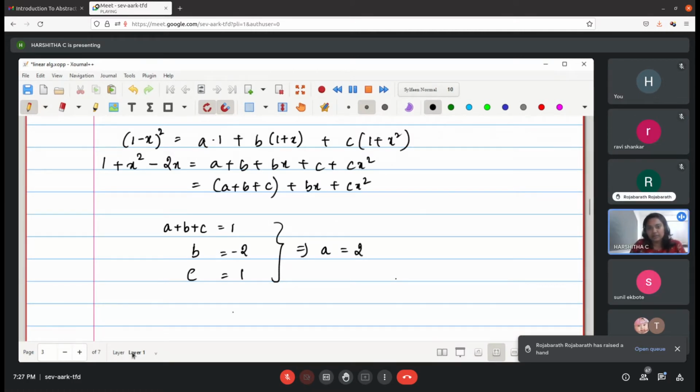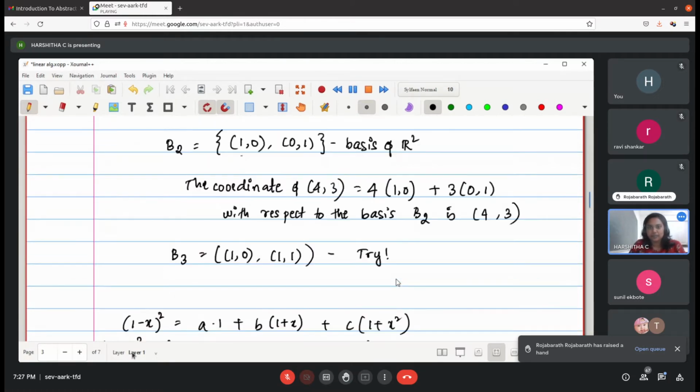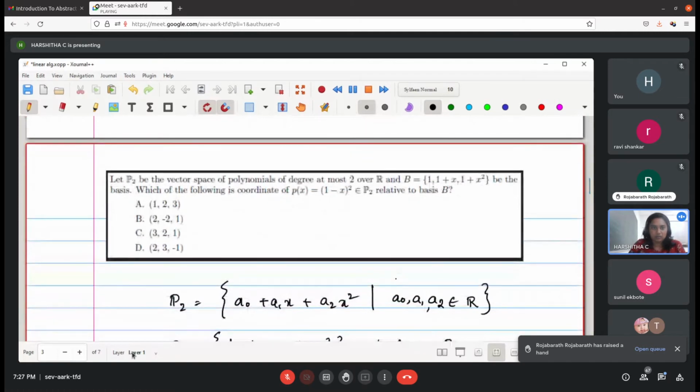So the coordinate should be a comma b comma c. The coordinate of 1 minus x the whole square is (2, minus 2, 1). And as I said, this is important: it's relative to a particular basis. Any more questions?